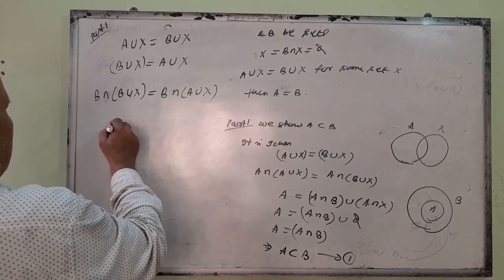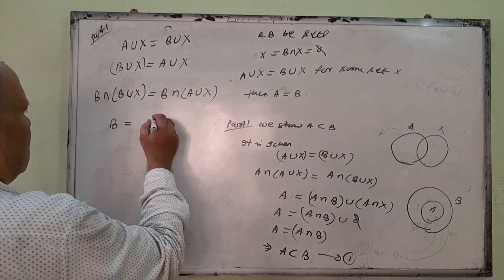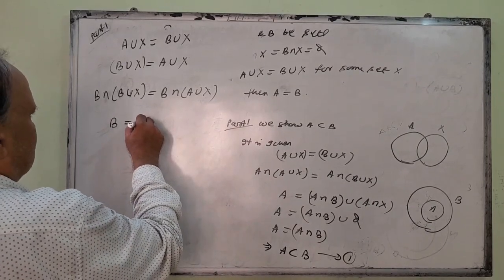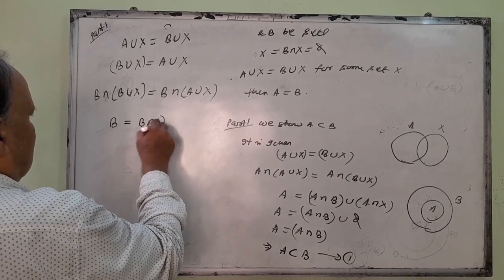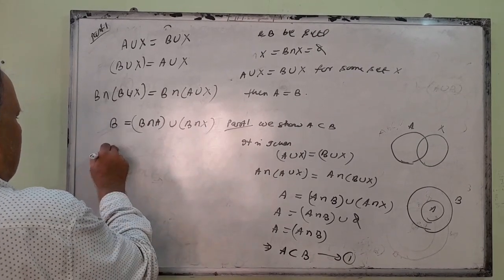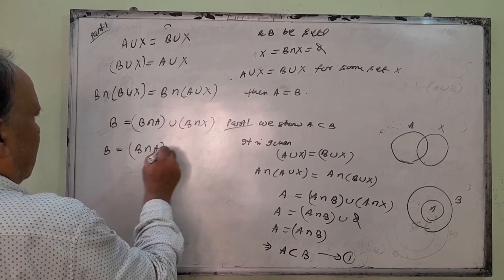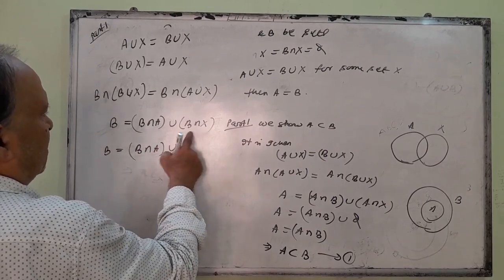B intersection (B union X) is equal to B. Apply the distributive law: B is equal to (B intersection A) union (B intersection X).